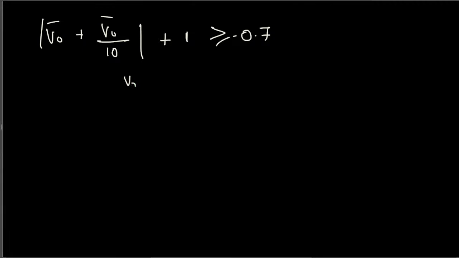Therefore VO max should be 1.55 V peak. The sign flips because of the negative sign in this expression.